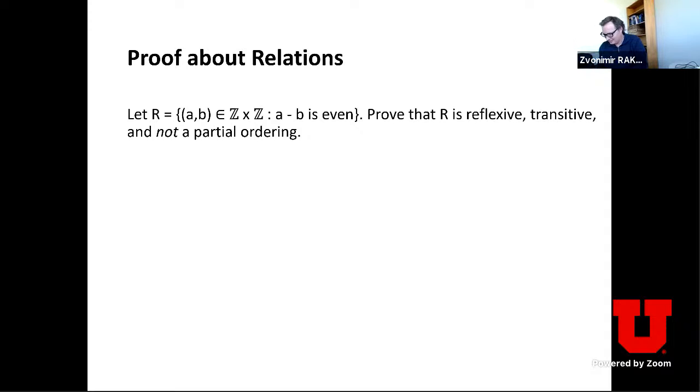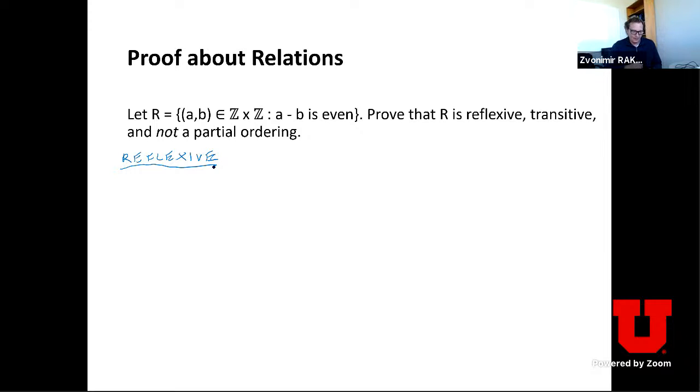And now I need my reminder of all the definitions. Okay, where's my pen? So let's do reflexive first. Remember the structure of these proofs. They're always direct proofs. You start with the left-hand side, with your assumptions, and then you want to derive the right-hand side.